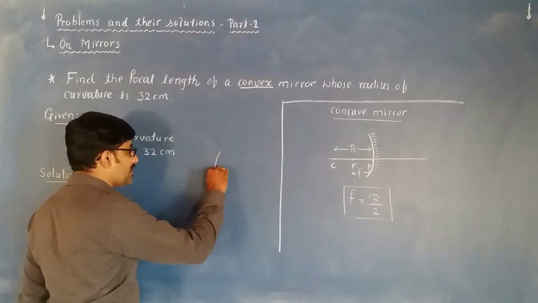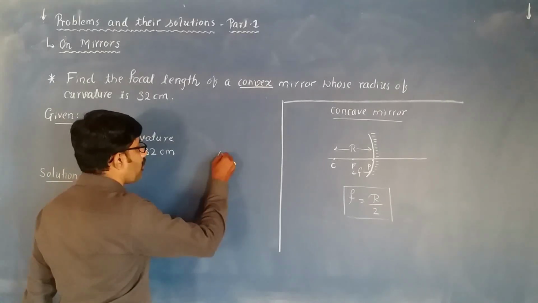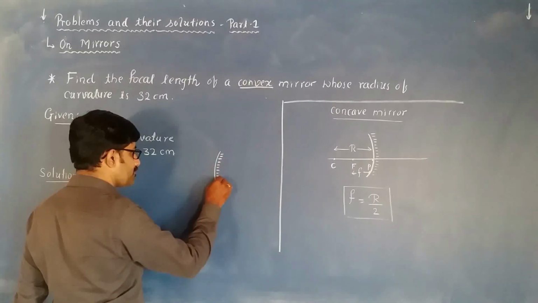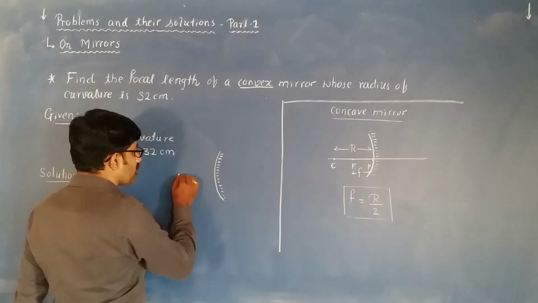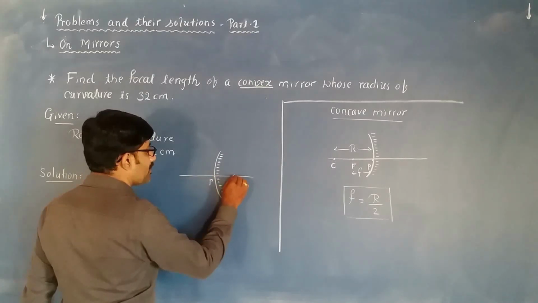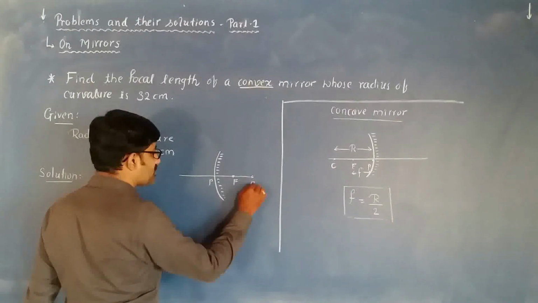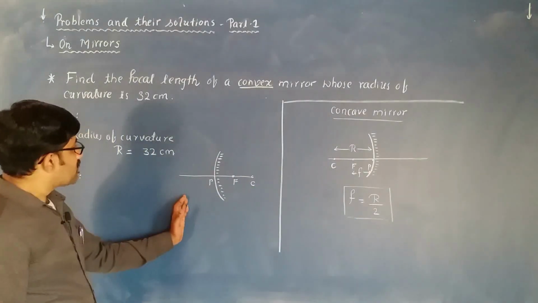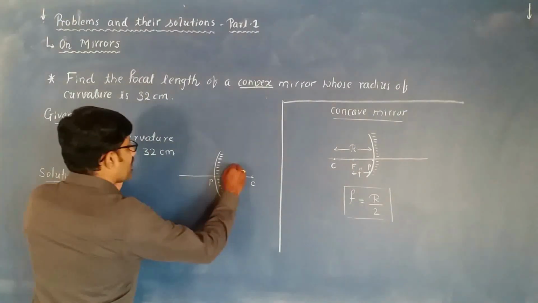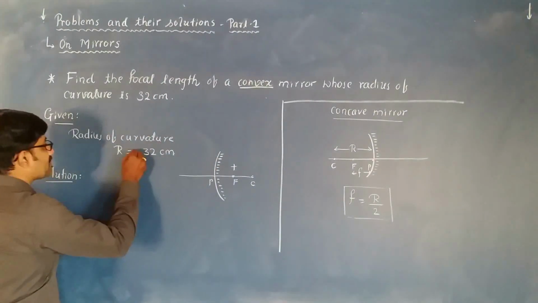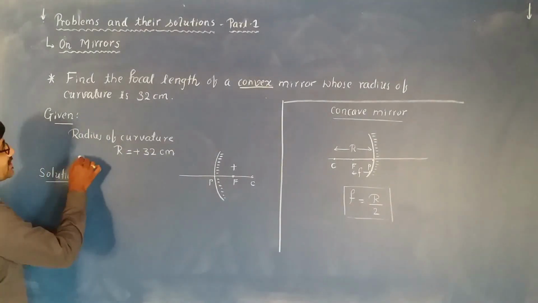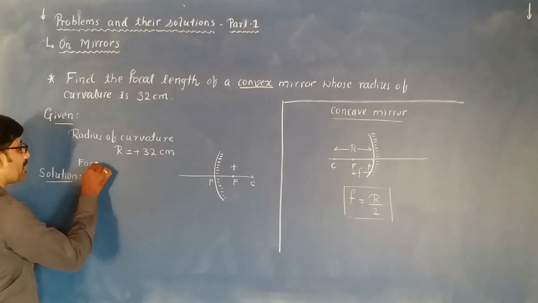This is your convex mirror. This is pole, this is F, and this will be C. This is on the positive side, so the radius is taken as positive, hence plus 32 centimeter. You need to calculate the focal length of that mirror.